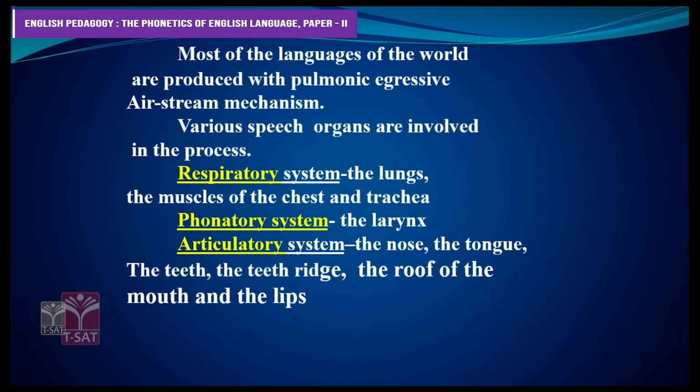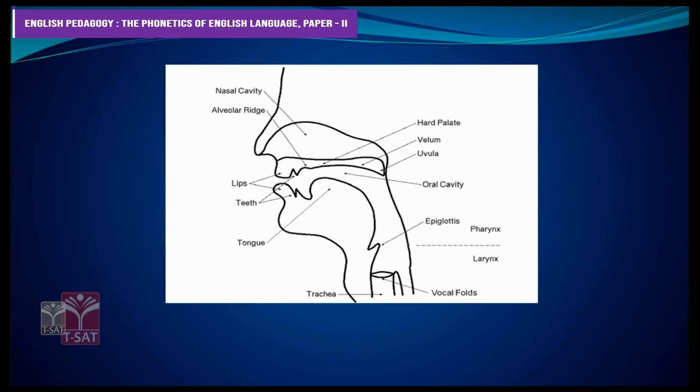The respiratory system includes the lungs, the muscles of the chest and the trachea. The phonatory system includes the larynx and the vocal folds within it. And the articulatory system includes the nose, the tongue, the teeth ridge, the roof of the mouth and the lips. Have a look at the diagram.